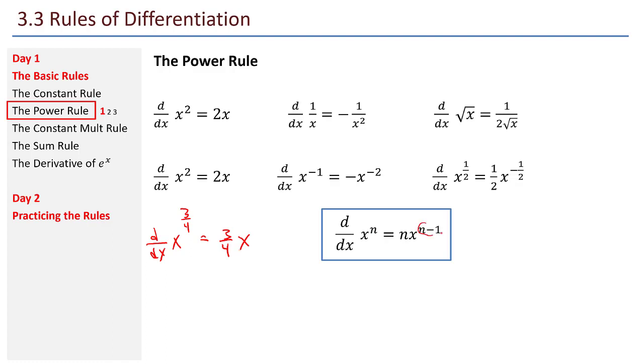And then my new exponent is 1 less than the previous. So the original exponent was 3/4. If I subtract 1, I get negative 1/4. All right, and if I have the derivative of x to the negative 20, that is going to be negative 20 x raised to the negative 21.